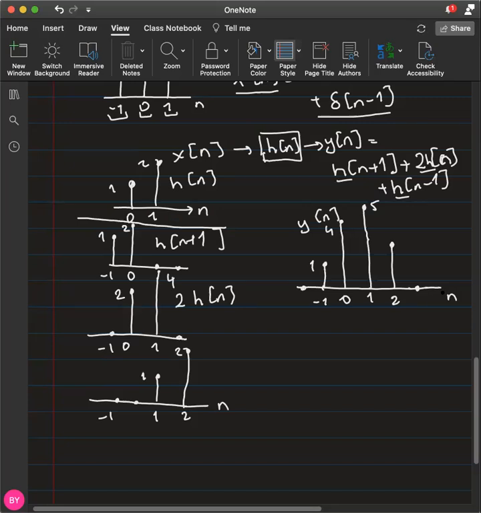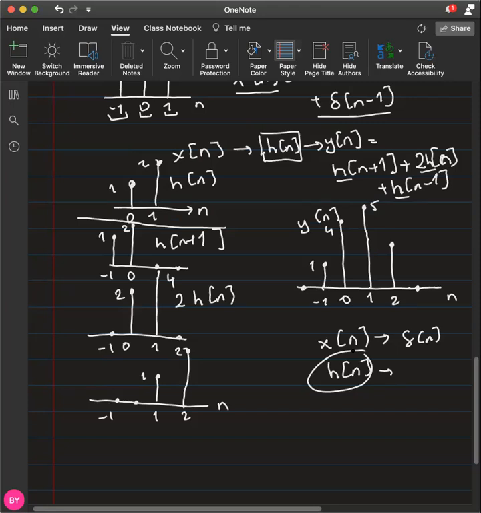Okay. So what am I saying here? If I know the input, and if I know h of n, if x of n is given, and h of n is given, what should I do? I should decompose this into Dirac n's, and then apply this Dirac n to my system, and I will obtain different edited versions of h of n's with some time shifts.